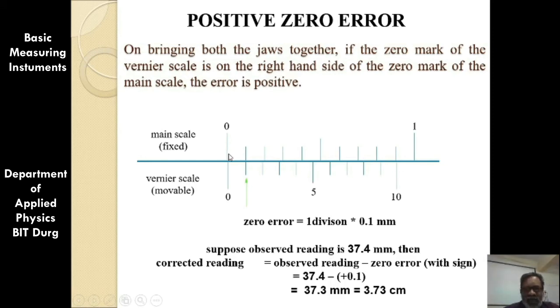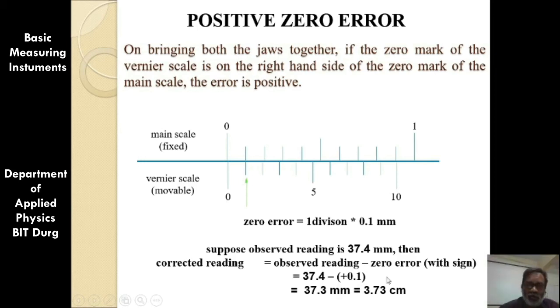As I told you, when the zero, that is the reference of the vernier, still has to move a certain distance to reach the reference line of the main scale, in that specific case it is a positive error. So to get the corrected reading, I am subtracting the error with sign. The error of 0.1 millimeter is subtracted from 37.4, which is the observed reading. So 37.4 minus (plus 0.1) becomes equal to 37.3 millimeter or 3.73 centimeter.